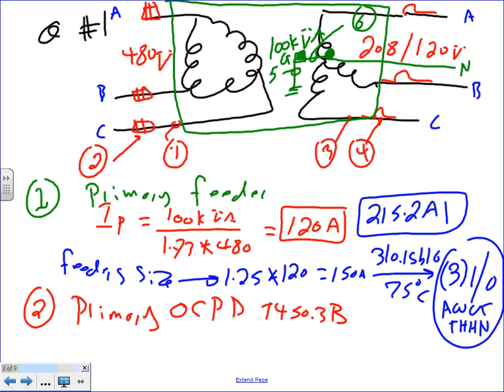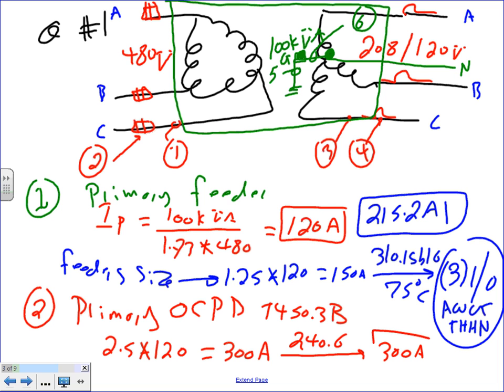We have a reference for this. You take the 2.5 multiplied by 120, and you get yourself a healthy 300 amp. We hit the jackpot here, 300 amp. You take this one to 240.6 in the NEC.